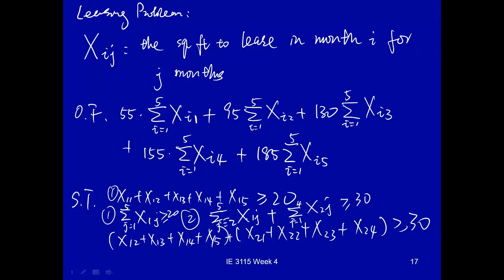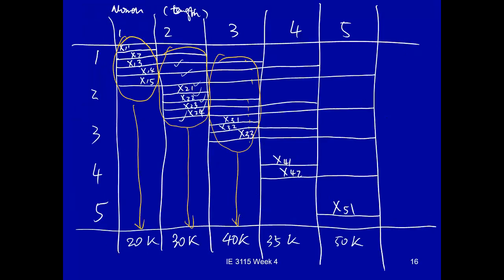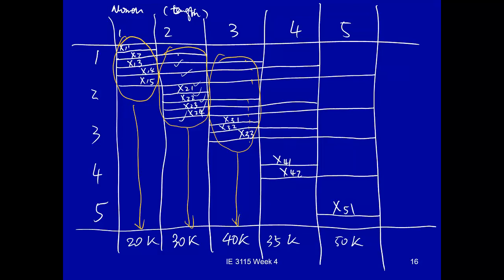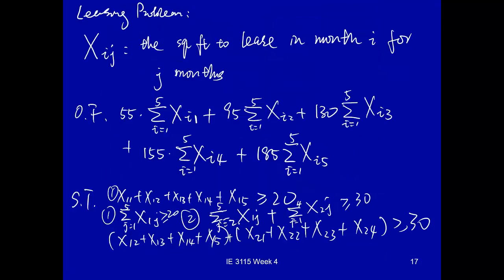Starting from the second month, we know that those ones won't work. So the x11 won't cover the second month. So you start from J equals 2 here. Then you go month 1, you start from 2 months lease, 3 months, 4th, 5th month, 5 months lease.